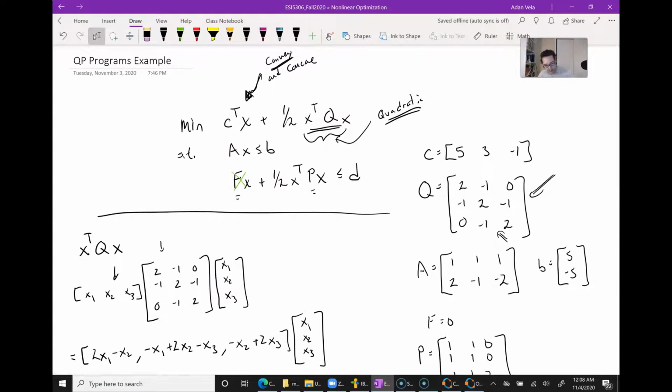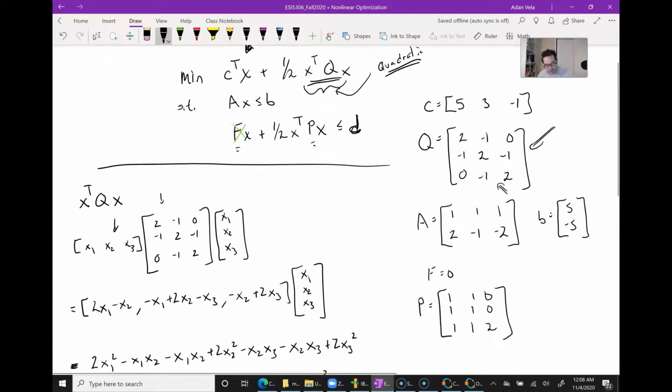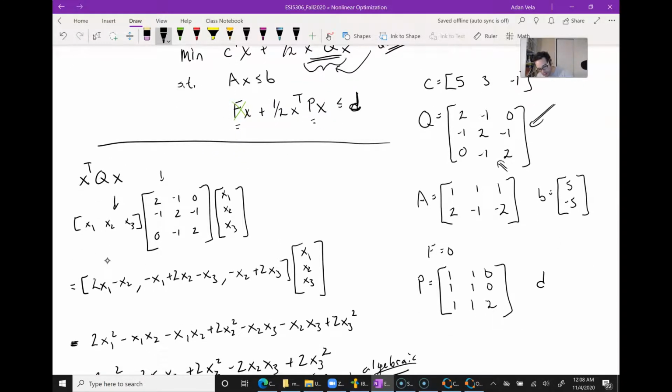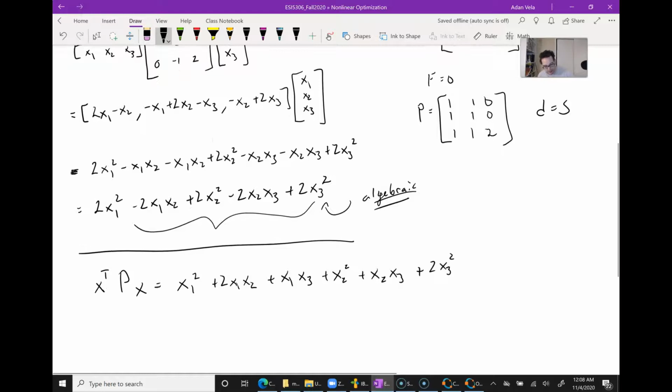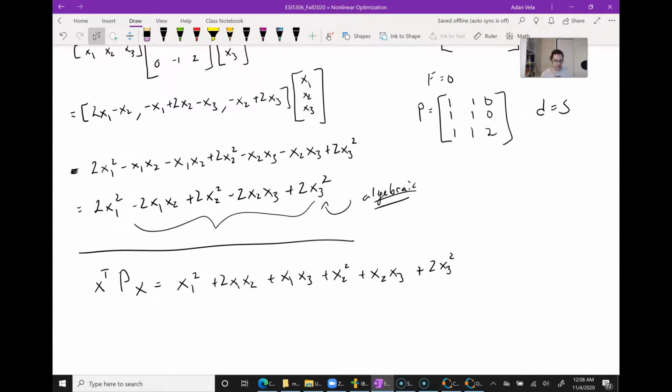I never gave you a d here, but we'll just pretend d is equal to 5. Why not? So all this will end up being less than 5.